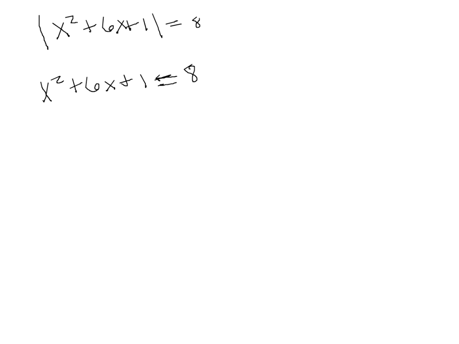Okay, so next example is where we have a quadratic inside the absolute value. So just like before, this result could be positive, so it could be equal to positive 8, or it could be equal to negative 8.